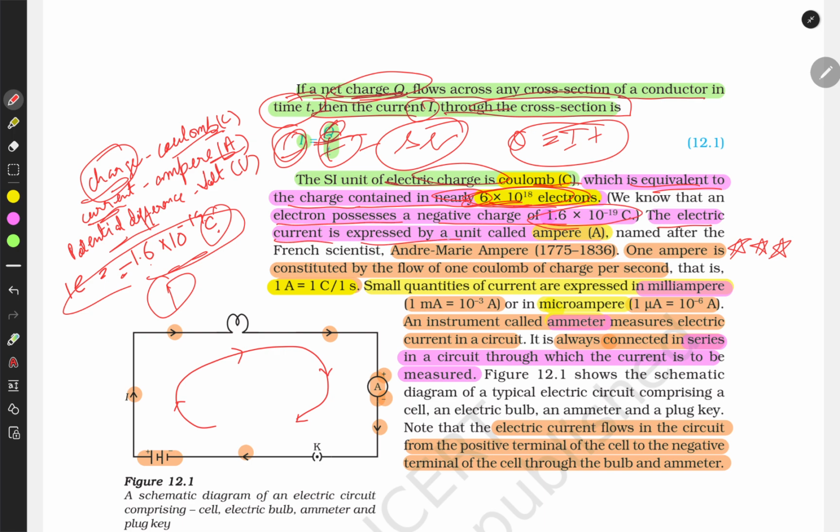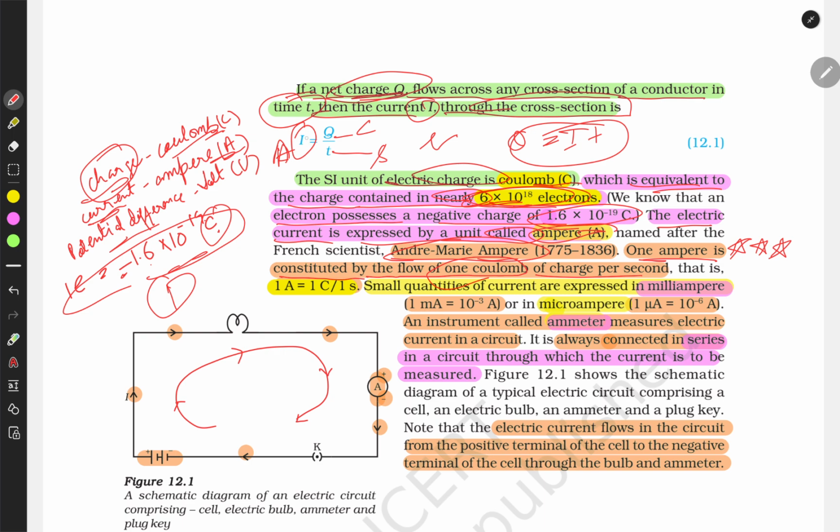Electric current is expressed by a unit called ampere. So this charge will be in coulomb, this time will be in seconds, and this current will be in ampere. 1 ampere constitutes the flow of 1 coulomb of charge per second.